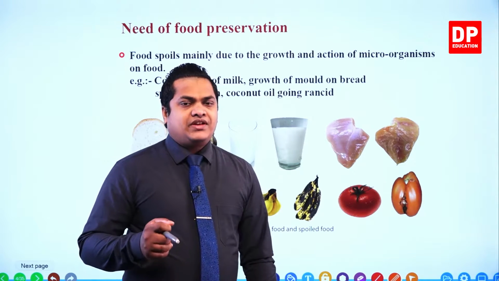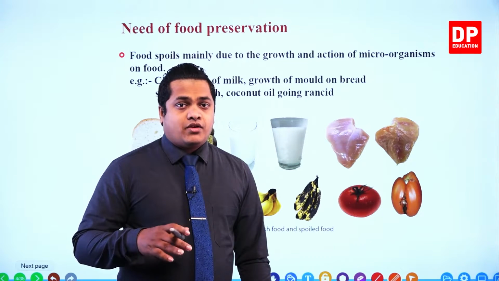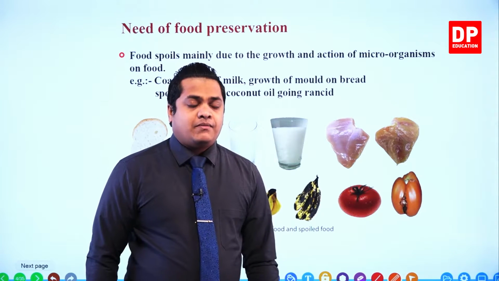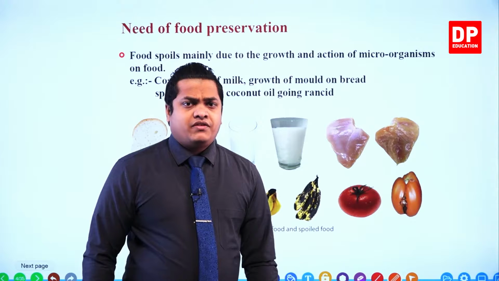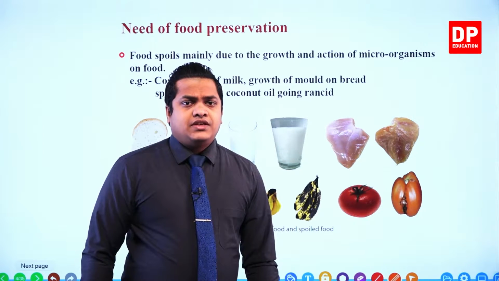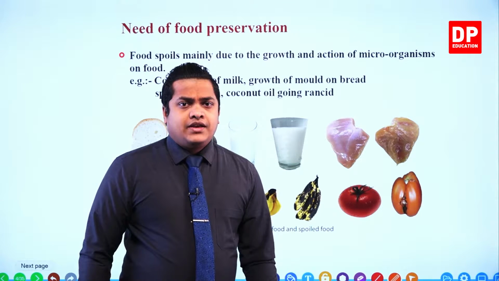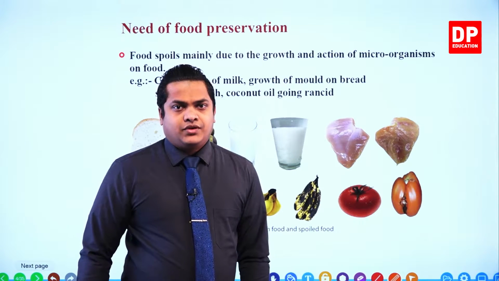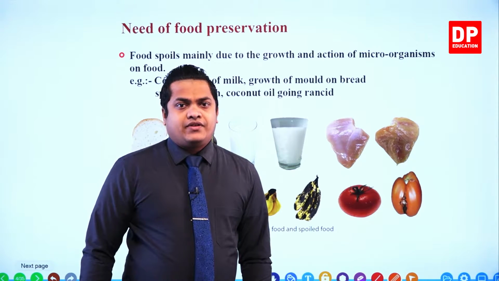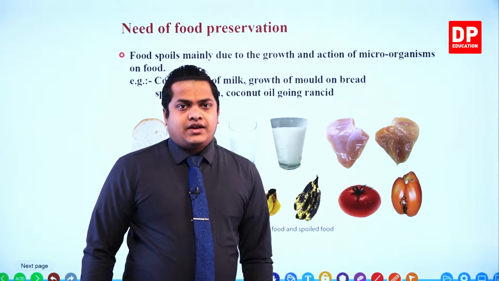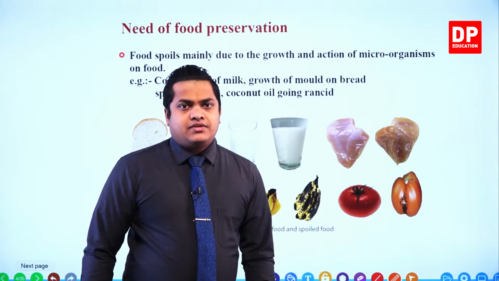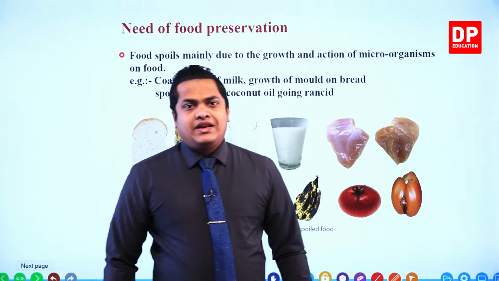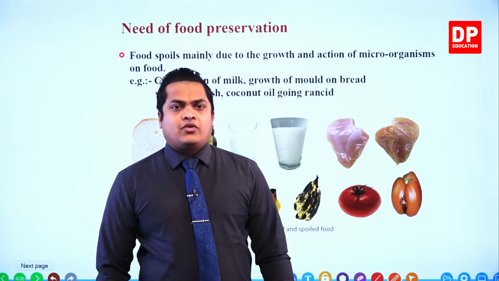But when time passes, not days, but just a few hours, is enough, this food turns into a semi-solid kind of state. That process is called the coagulation of milk. The coagulation of milk mainly happens because of the action of microorganisms.